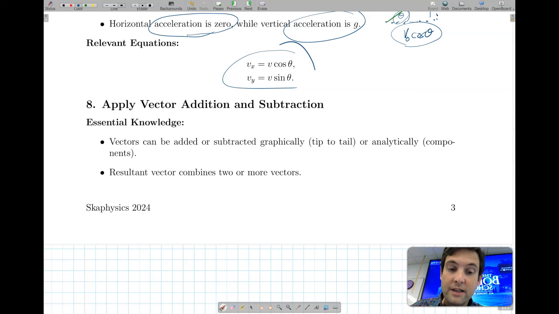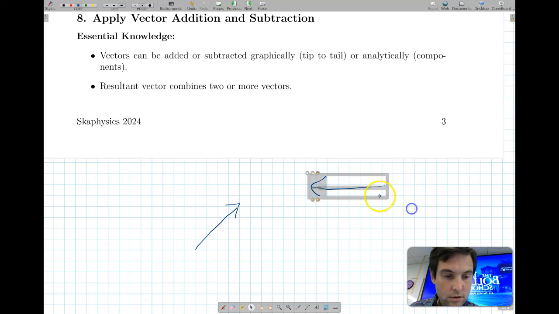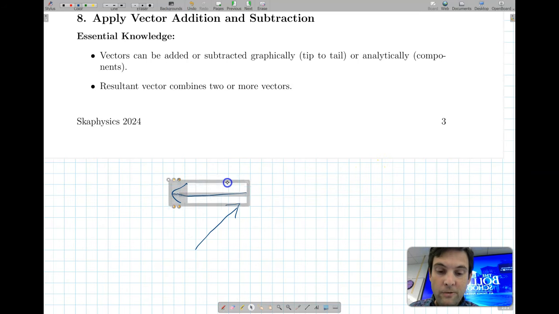Vectors can be added or subtracted graphically. Tip to tail is a method. So if I have vector A that points up and to the right, and then I have vector B that points left, and I wanted to add those two graphically, I'm going to move that whole vector.